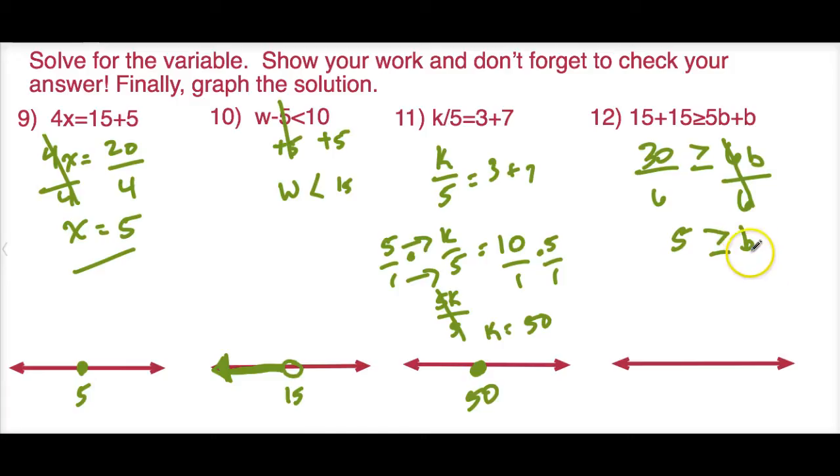And b comes down. So that means b is less than or equal to 5. So this is going to be a closed circle because we're dealing with 5 is a solution and everything smaller than 5 is also a solution. Okay, so that's it for those.